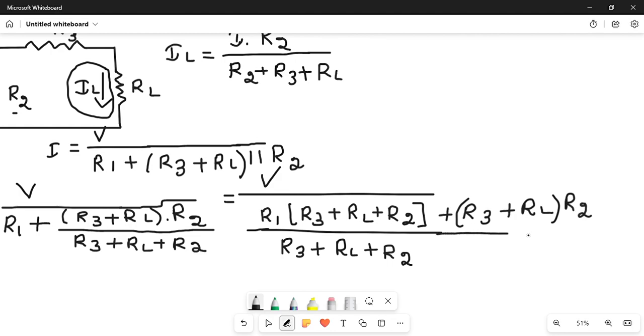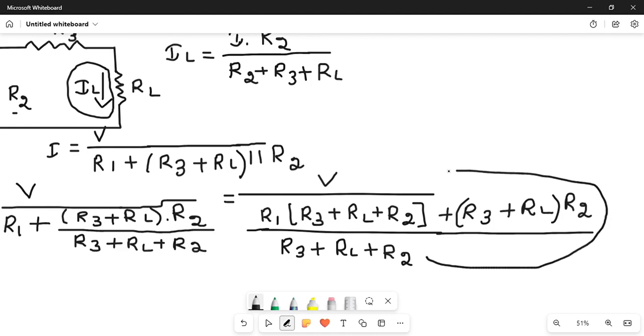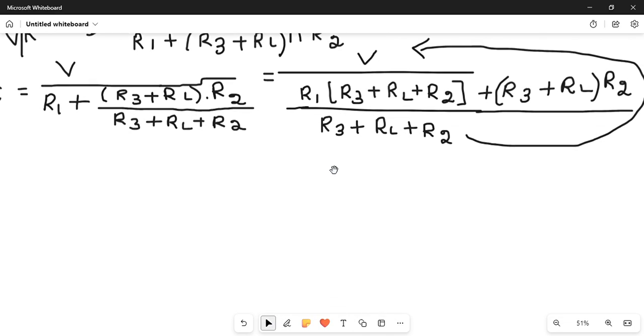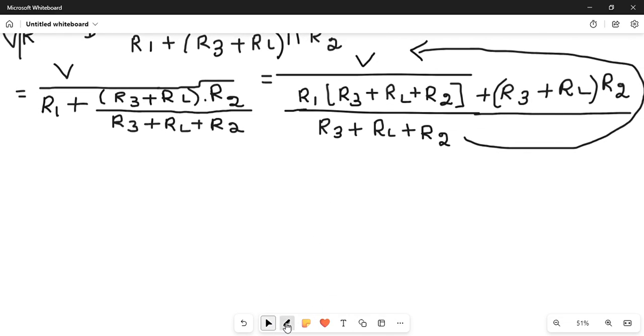Right? So now it is nothing but V. Please don't consider this a tick mark, this is V. Now what is supposed to be done? You're going to shift this particular to the numerator part, and you're going to get the result.